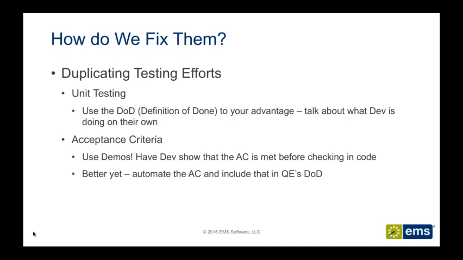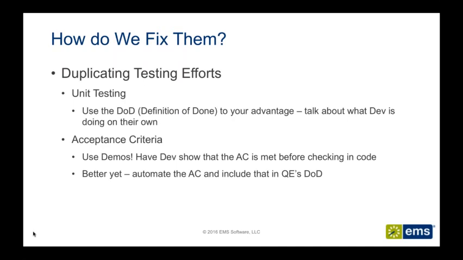So we took the concept of definition of done, and we had each discipline, our Scrum Master, our product owner, our development team, and our QE team, do an exercise of the things that they do, and not only what they do, but that they agree to do before they move something into the next column. From an Agile standpoint, if you're using something like TFS or Jira, things tend to move to the right when they're done, and the next activity is expected to be done.